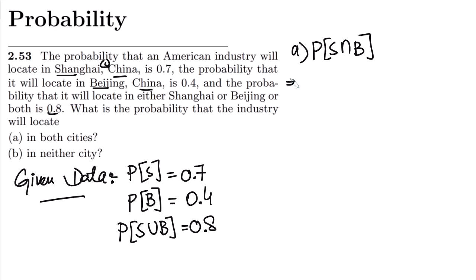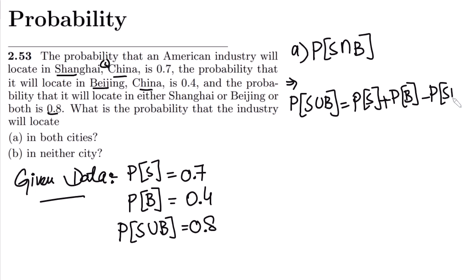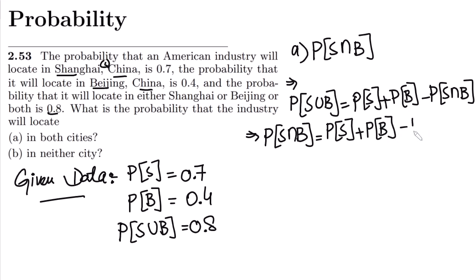To calculate, we know the very famous formula: probability of S union B is probability of S plus probability of B minus probability of S intersection B. Changing their positions, I will get probability of S and B is probability of S plus probability of B minus probability of S union B.